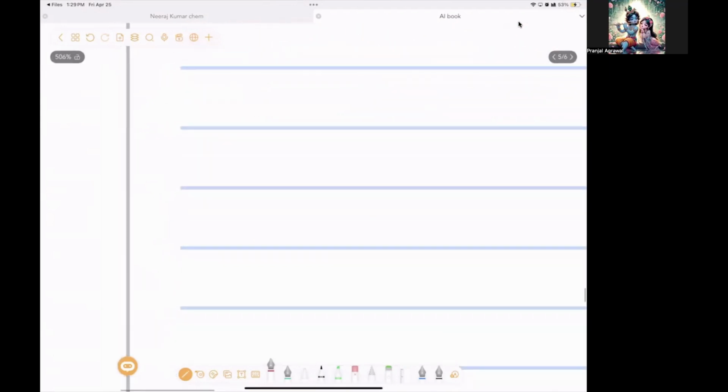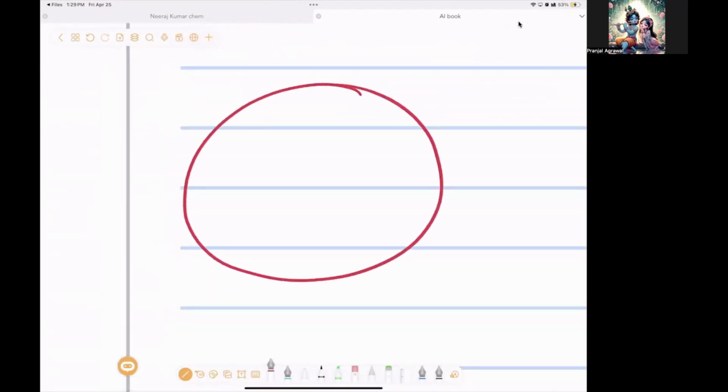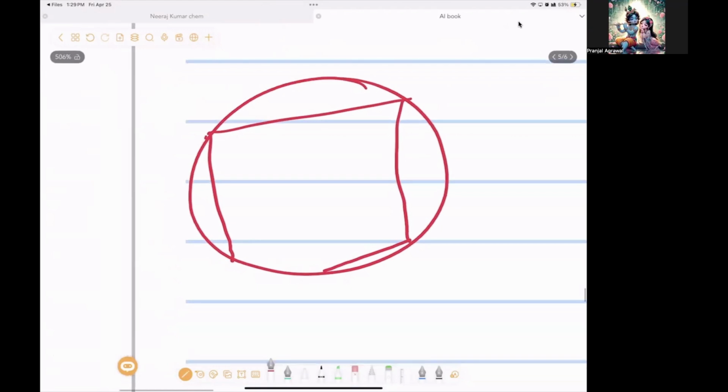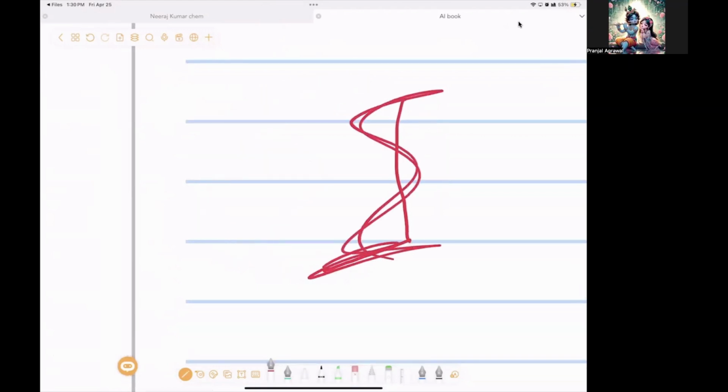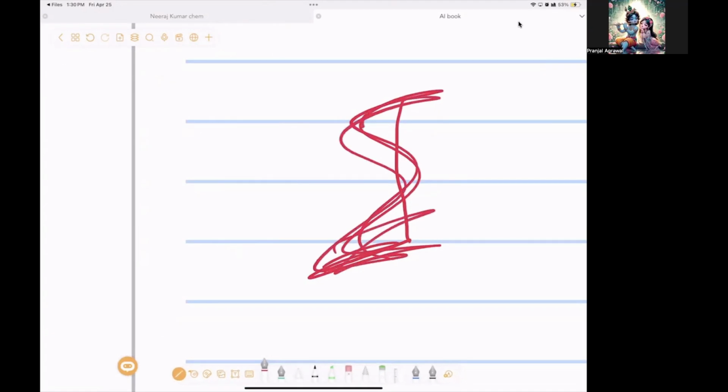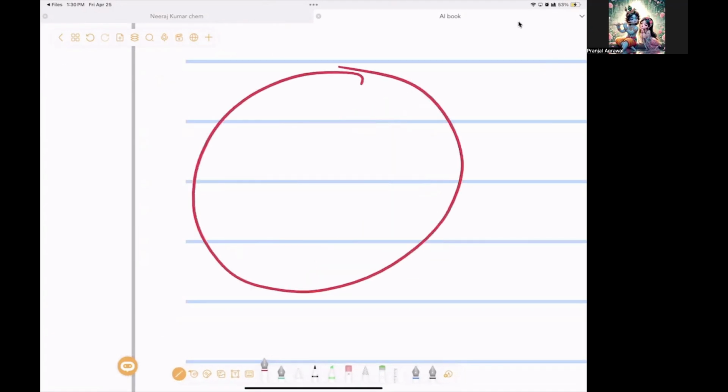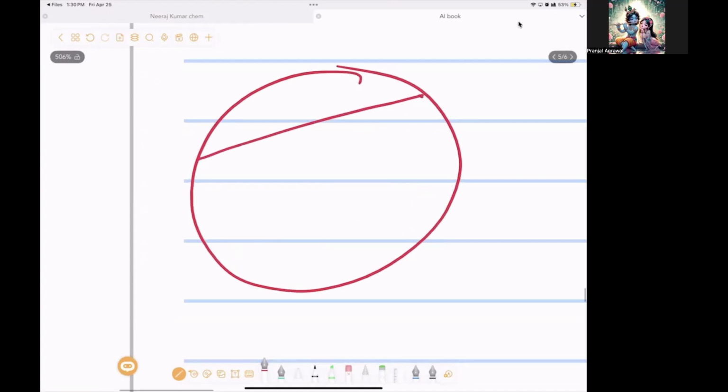So see in question number 17, they have drawn the diagram like this. It's pretty simple question.